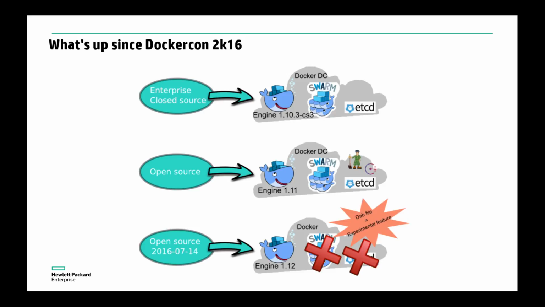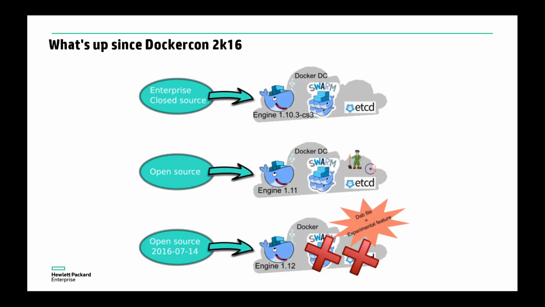But with DockerCon, Docker announced the engine 1.12, which was released on the 14th of July 2016. And there is no longer the need for external components like Swarm or the distributed key value store because it was integrated into the engine. So this is really the amazing feature provided by the 1.12 engine.